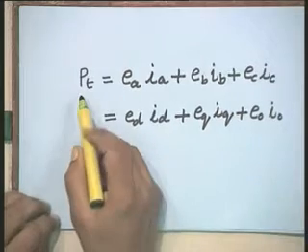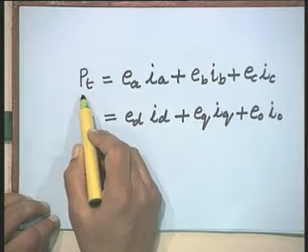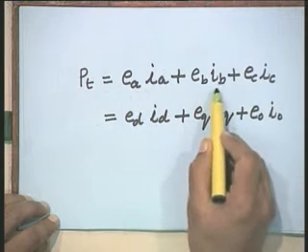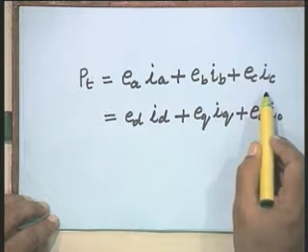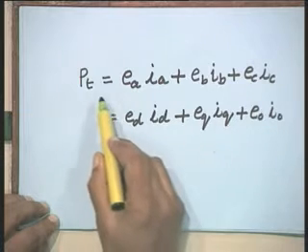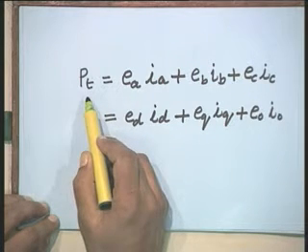Now, when you resort to this transformation, one very important result we get is this: the terminal power PT, which we write as EA into IA plus EB into IB plus EC into IC. This PT is average or instantaneous?